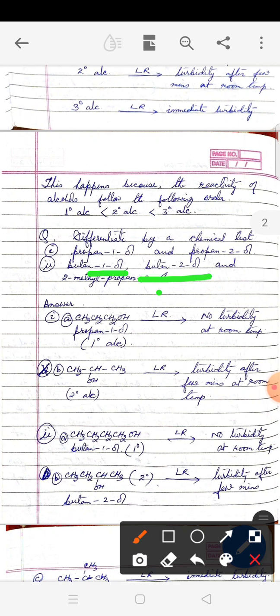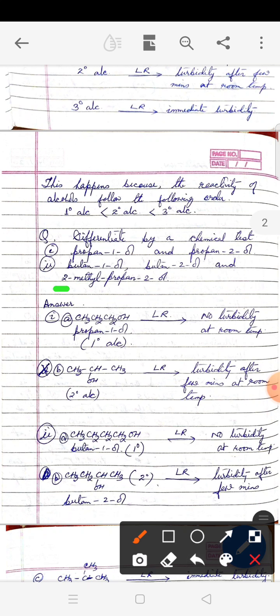Butan-2-ol, OH is in the second position, so it is secondary. And here in position 2 we have 2 substituents. One is methyl, the other one is ol, that is alcohol. So when we have 2 substituents attached to the same carbon, it has to be tertiary. So even if you do not know the structure, by knowing the name you should be able to differentiate which one is primary, secondary and tertiary.